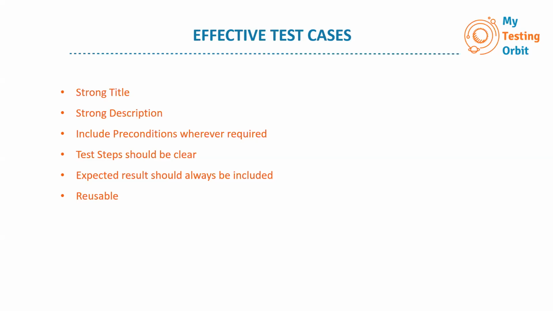The title would be valet parking, and then whatever the summary of that test case is, because that will help us later on if we want to group our test cases.